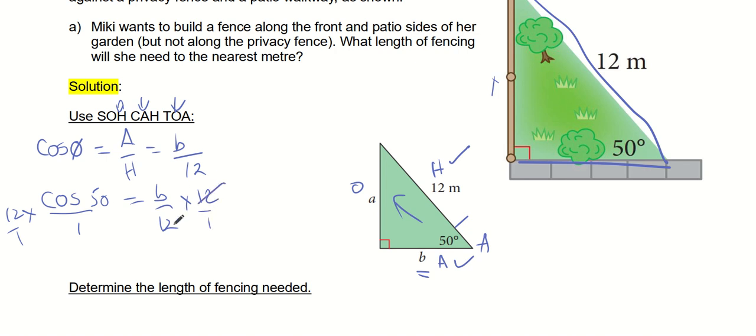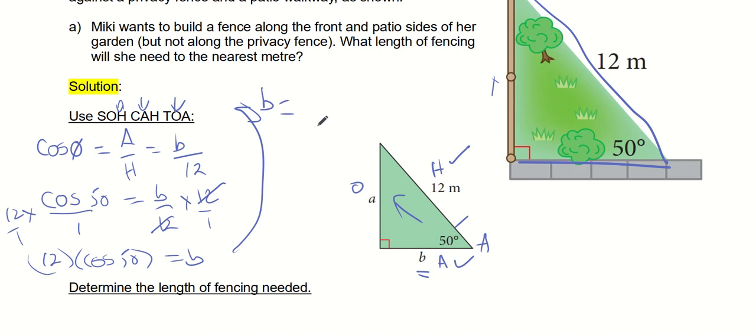But this 12 cancels out this 12, and then all you have is 12 cos 50 equals B. And if you pop that in the calculator, we have that B equals 7.7 meters. So we can write down here B equals 7.7 meters.